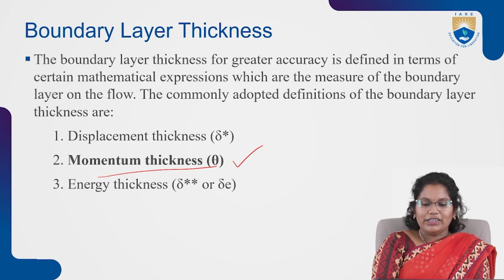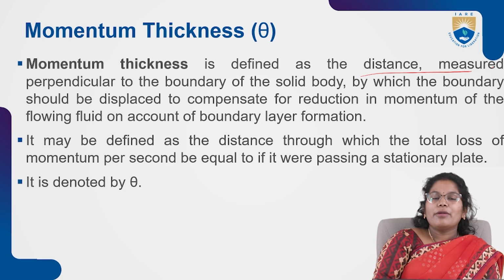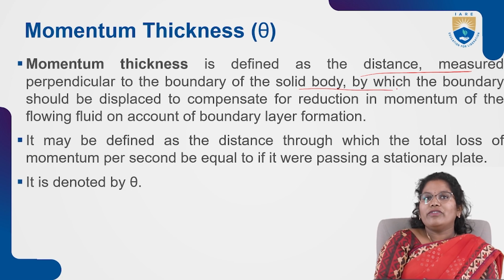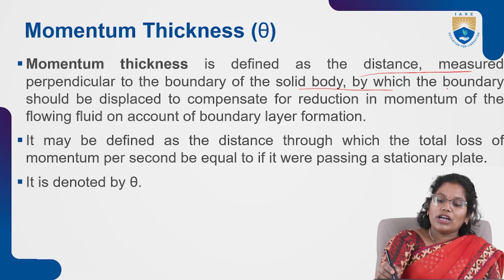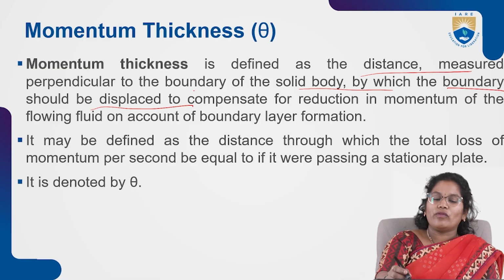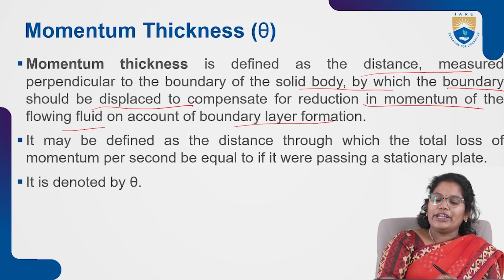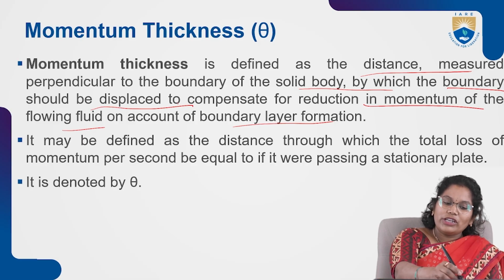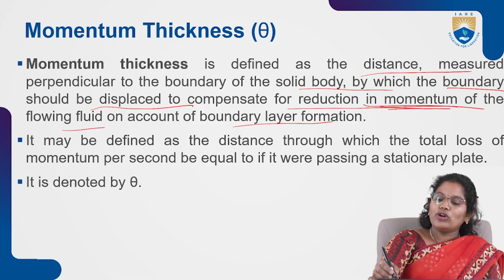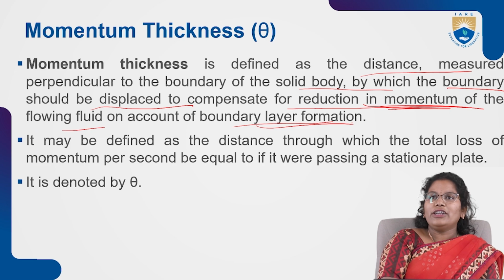Momentum thickness is the distance measured perpendicular to the boundary of the solid body by which a boundary should be displaced to compensate for the reduction in momentum of the fluid flowing on account of boundary layer formation.